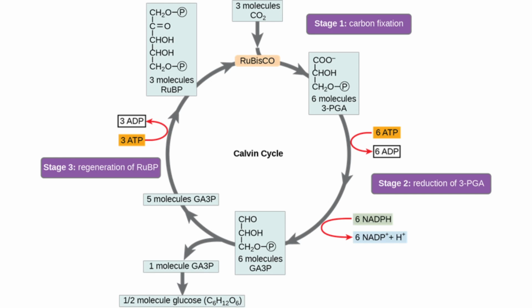Remember, fixation, reduction, regeneration. Fixation is where we add carbon dioxide to make these PGA molecules. Reduction is where we change energy in the form of ATP or NADPH so that we can make this GA3P. And regeneration is where we regenerate that RuBP. What does fixation mean? We add carbon dioxide into a 3-PGA molecule. We're basically turning an inorganic carbon dioxide into an organic molecule that's a sugar precursor.